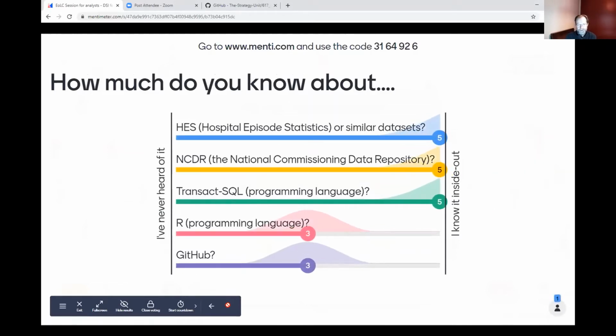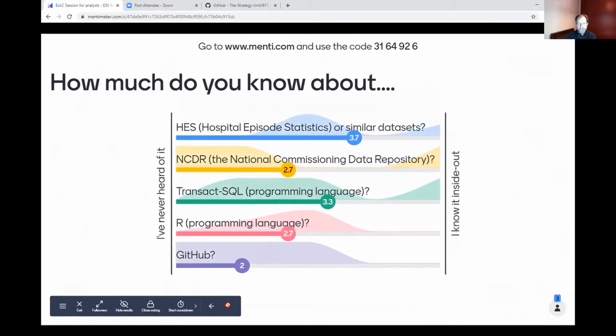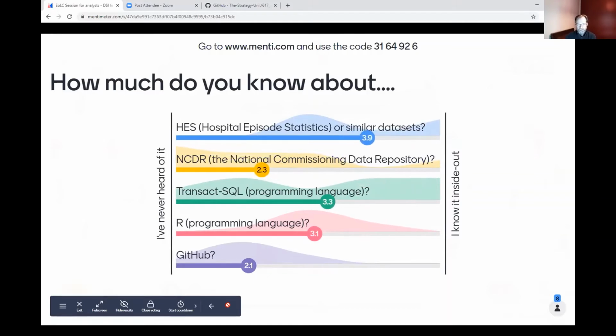And the 5 things we're interested in are: hospital episode statistics or similar data sets, those NHS commissioning data sets that we see in the secondary uses service; NCDR, which is the National Commissioning Data Repository; Transact SQL and R, which are the 2 programming languages we primarily use for this project; and GitHub, which is the code sharing repository and version control online software.